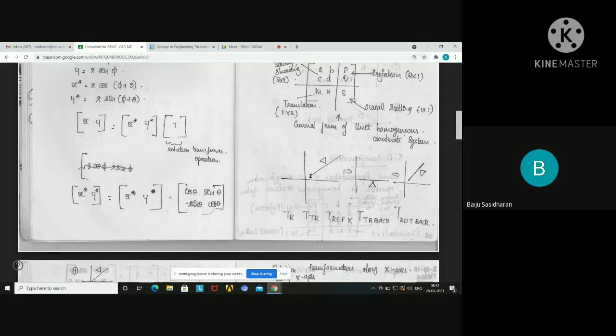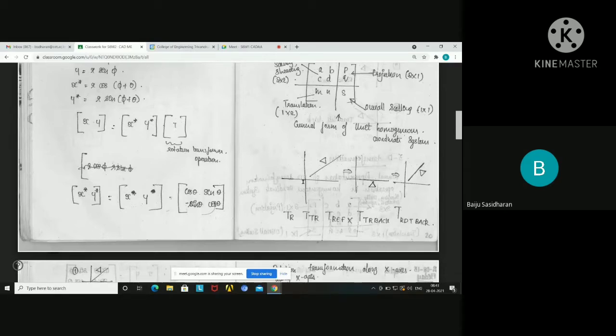From this origin, what will be the x coordinate, and what will be the y coordinate for this particular endpoint? You identify those points and do a translation with the negative values. On doing that translation, this endpoint will come to the origin. So we have to do a negative translation.